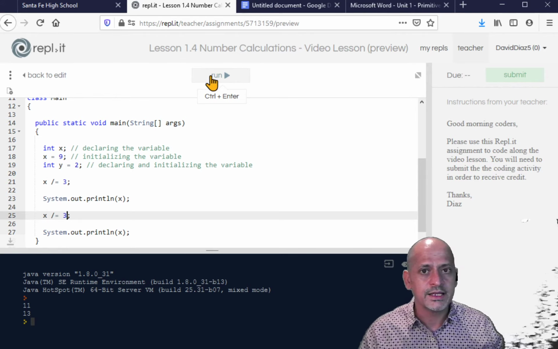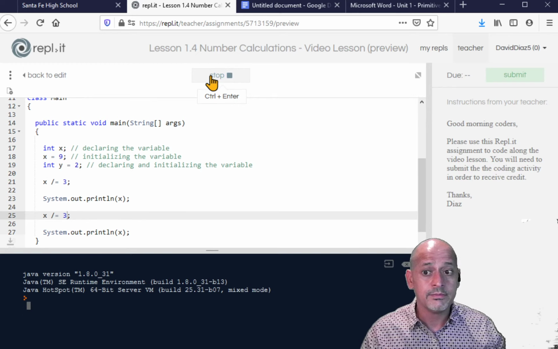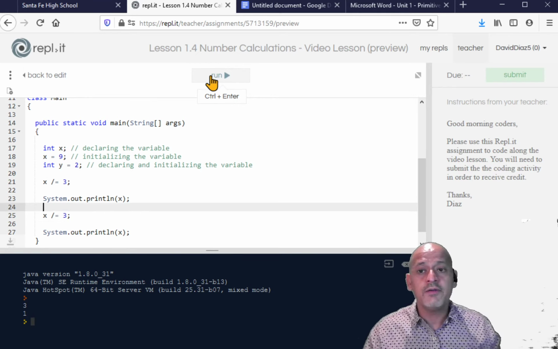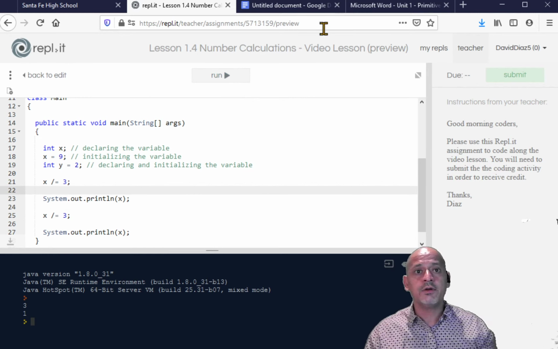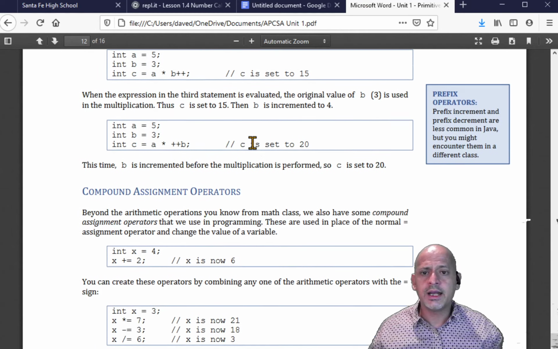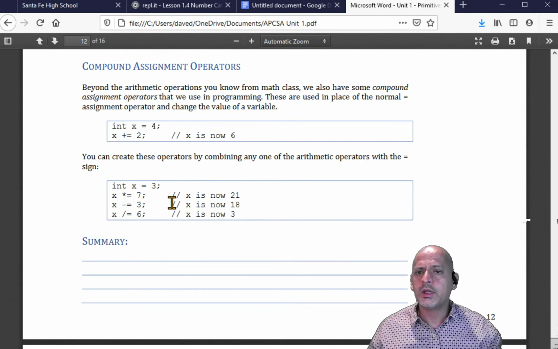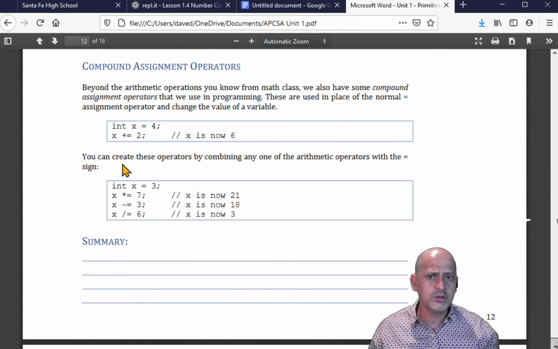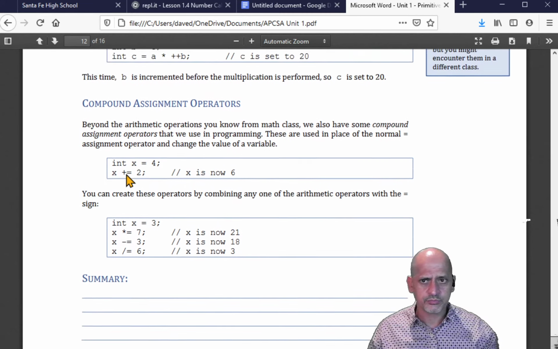Is it? Let's try it. Excellent. And we can also do multiplication. Those are listed here. We can do times 7, we can do minus, and we can do division. The ones that we usually use the most are plus equals and minus equals, but we can also do the other ones as well.